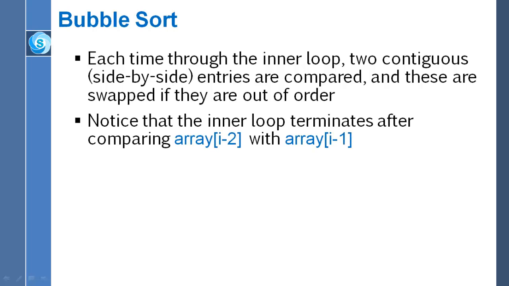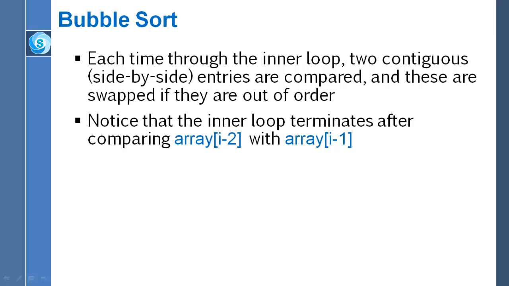Now, I want you to take a very careful look at the inner loop header, where we see that j goes from 1 up to i. But when I say it goes up to i, this inner loop terminates when j actually equals i. So the very last time you go into the inner loop body, the value of j will be i minus 1.